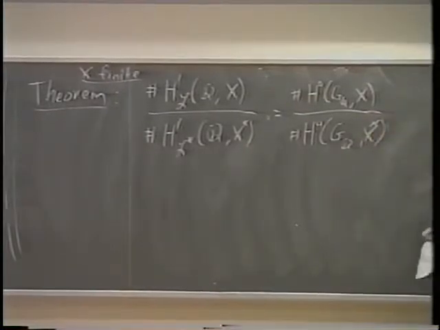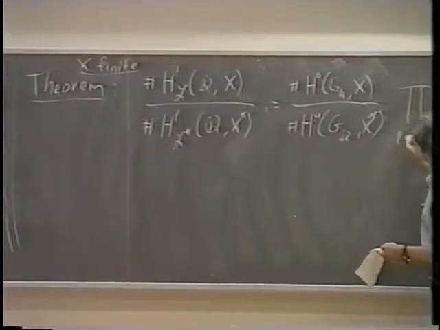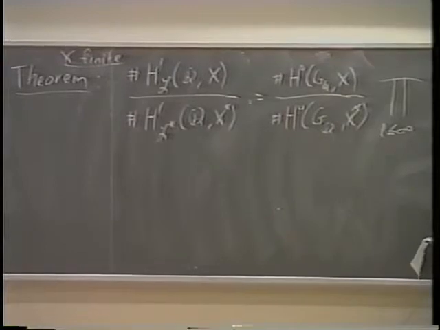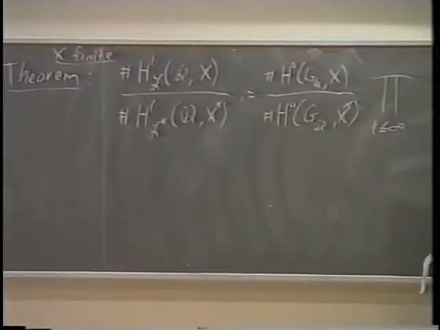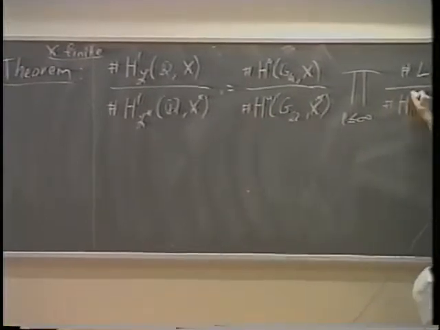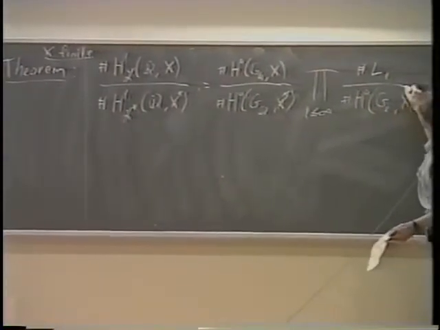H0 is, of course, things you can compute when you need to. And then the product over L less than or equal to infinity of the order of L sub L, over the order of H0, G sub L, X.